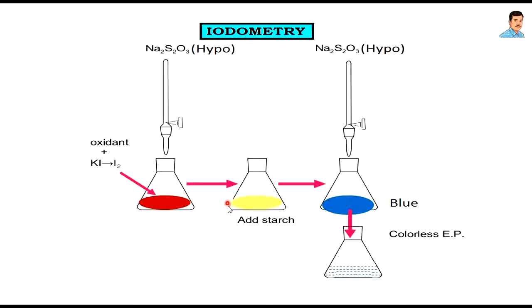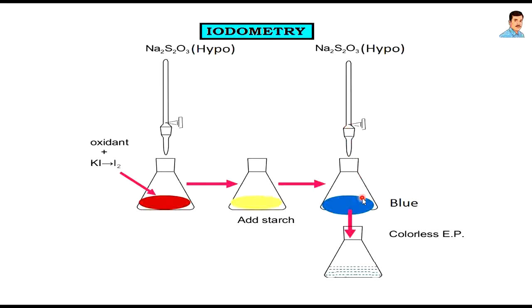Now to this light brown colored solution, we add starch indicator, which is an adsorption indicator. After the addition of starch, the solution turns into blue color. This blue color indicates the formation of a complex between iodine and starch. Now we continue the titration by adding hypo solution.